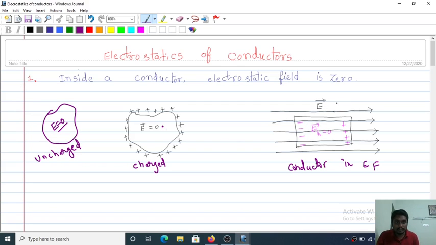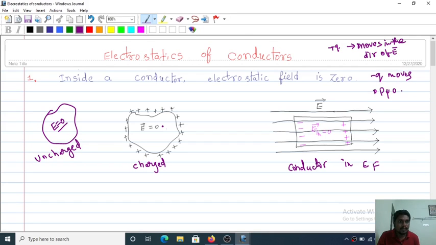To discuss this, we have to know how charges move in an external electric field. If you place a positive charge in the external electric field, it experiences a force and moves in the direction of E, where a negative charge, minus q, moves opposite to E.